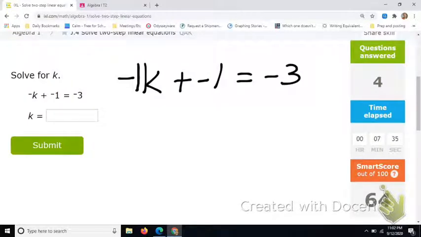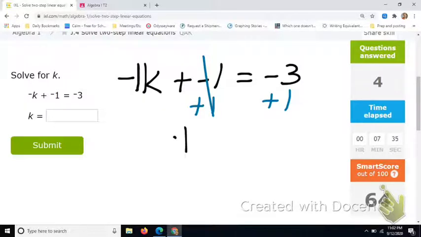Then I'm going to get rid of this negative 1. I know it says plus, but because it says plus a negative, to zero pair it out, I would have to add a positive 1. Same thing on the other side, always doing the same thing to both sides of the equation.